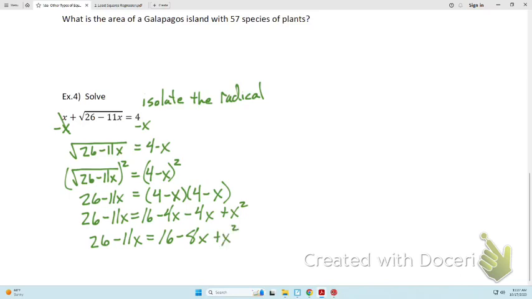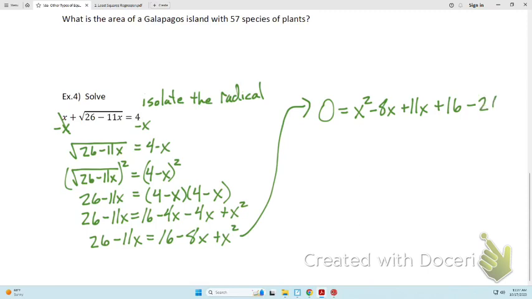And I see the x squared and the x, I'm going to have to factor or do quadratic formula. Either way, you need to get the 26 and the negative 11 to the other side. So I would rewrite it like this. We're going to add 11x, and we're going to subtract 26.